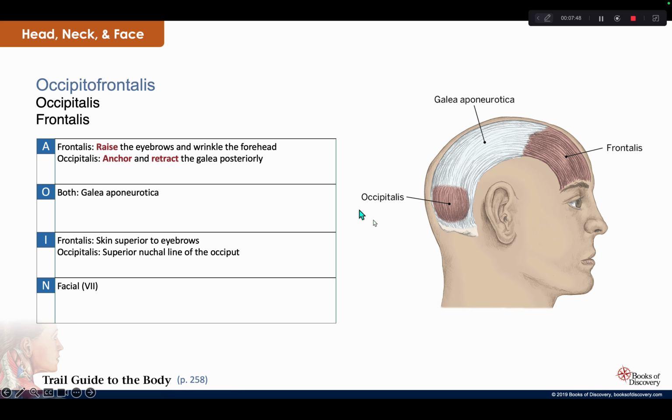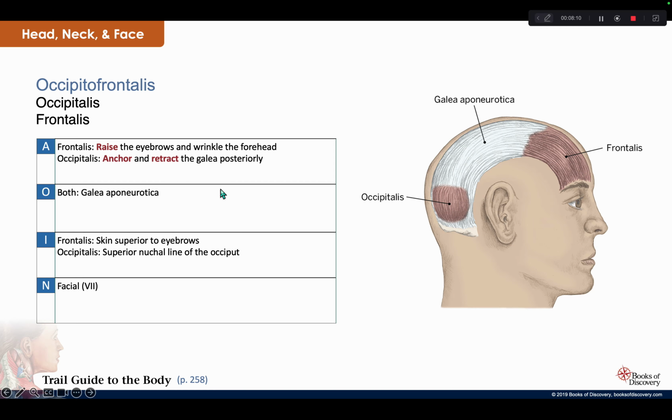The occipitalis is in charge of anchoring and retracting your galea aponeurotica tissue here, posterior to the back, right? So that's an anchor for when this frontalis contracts a little and brings that up.